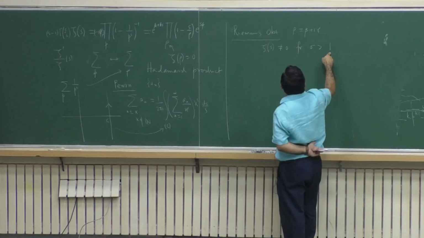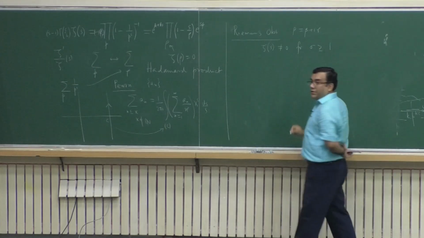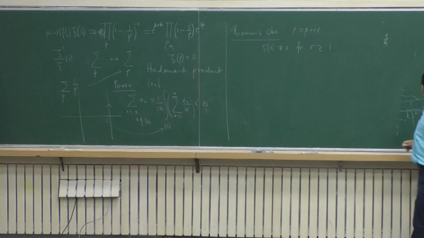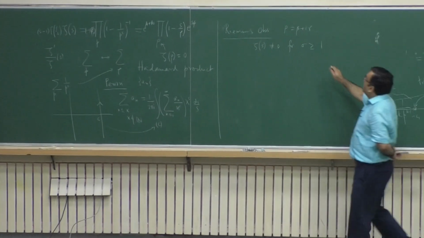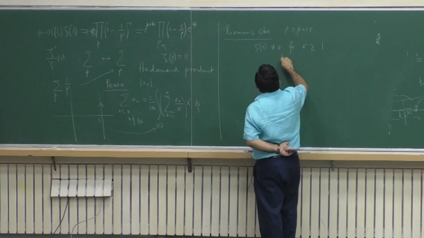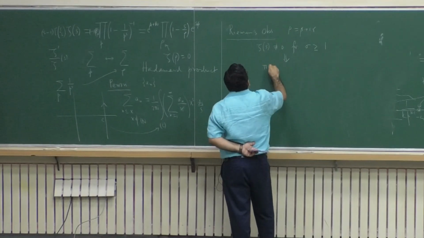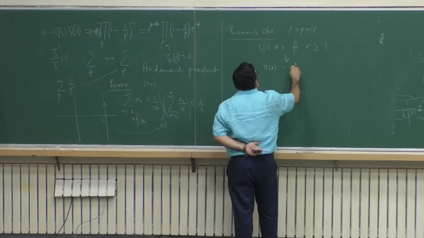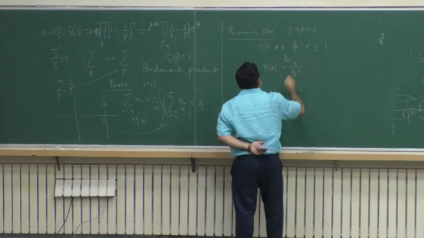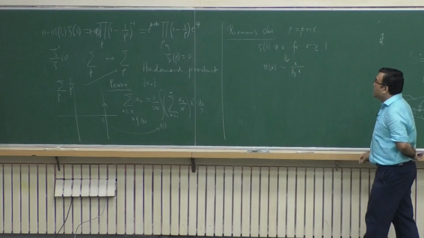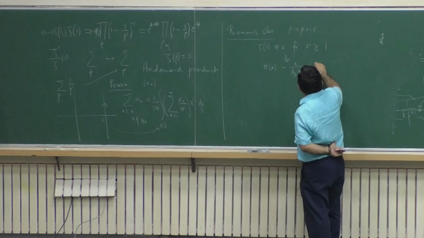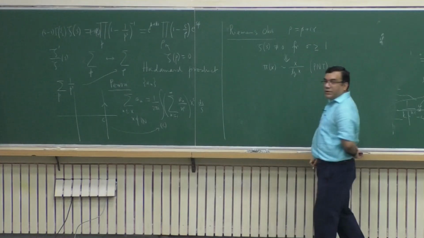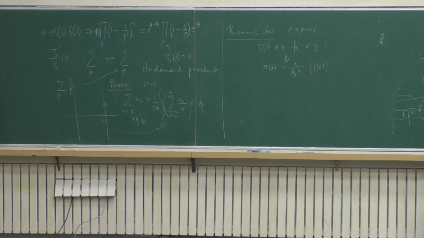Suppose we can prove that it is not vanishing on this line also, the edge of the critical strip. This will imply the prime number theorem. That's it. This is the prime number theorem, which was proved later. So that's the basic idea.